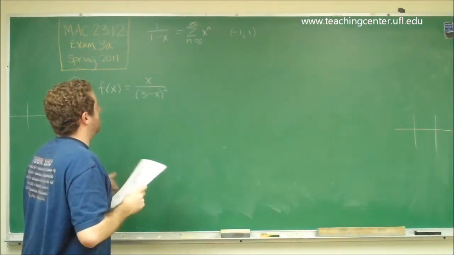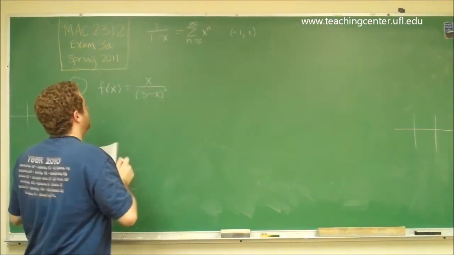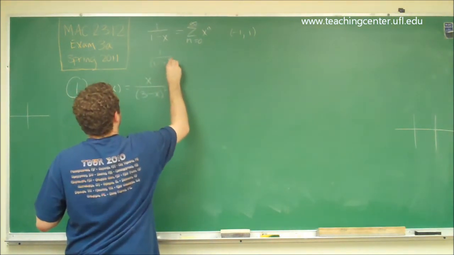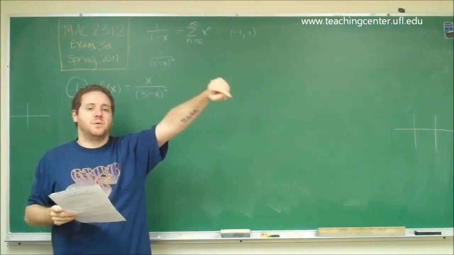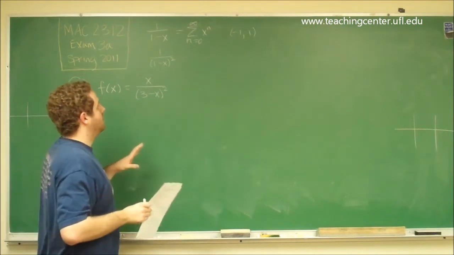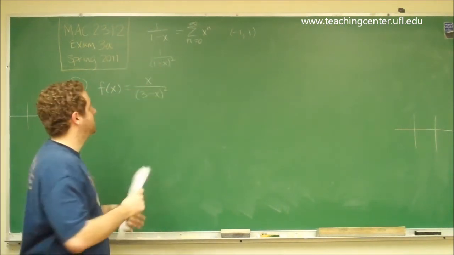So remember also that the derivative of 1 over 1 minus x is going to be 1 over (1 minus x) quantity squared. So if you think about it, you have (1 minus x) to the -1 power. You can bring down the -1, lower the power by 1, but you have to multiply by a negative because of chain rule, so that's why it stays positive.